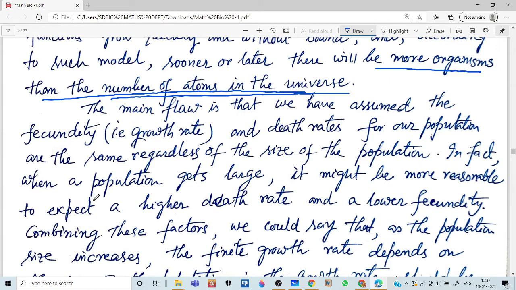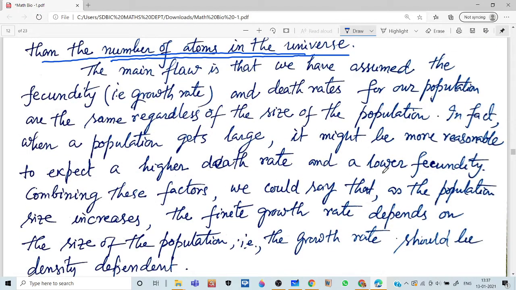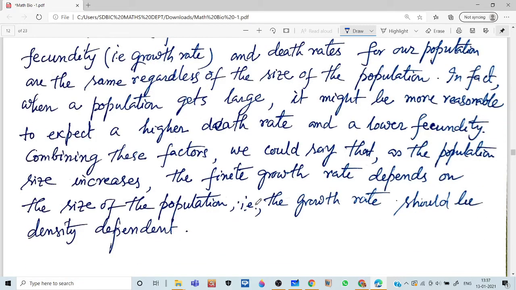In fact, when a population gets large, it might be more reasonable to expect a higher death rate and lower fecundity. And combining these factors, we could say that as the population size increases, the finite growth rate depends on the size of the population. So the growth rate should be density dependent.